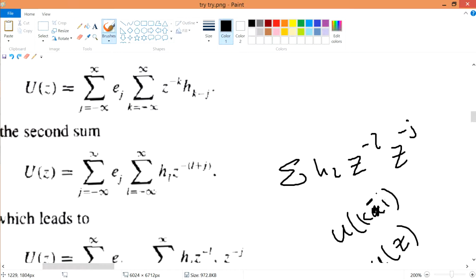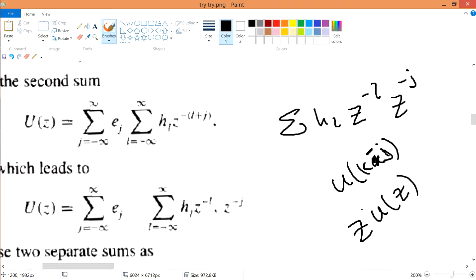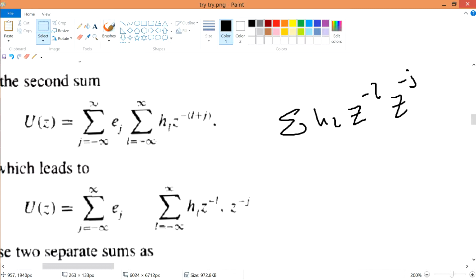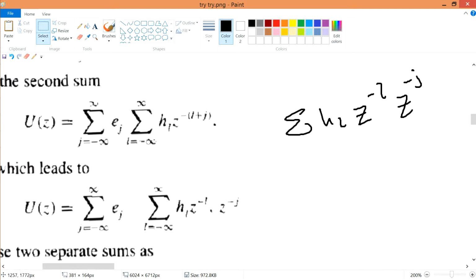Over here is k minus 1. If I have a k minus j, then I will have z^-j U(z), okay? So I just want to prove this to you. Later on you'll get to see that it is in fact also what I have written over here. But anyway, this thing over here, I have proved to you is equal to this.